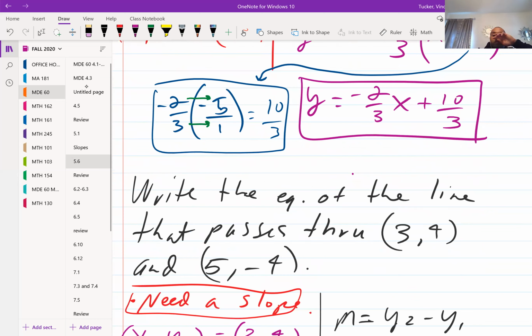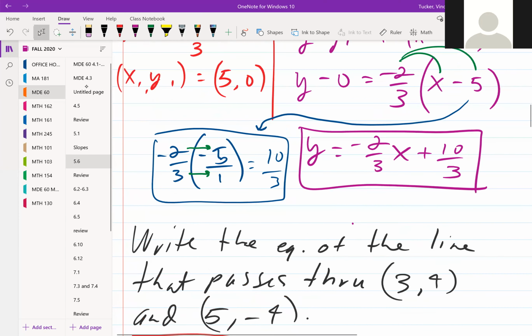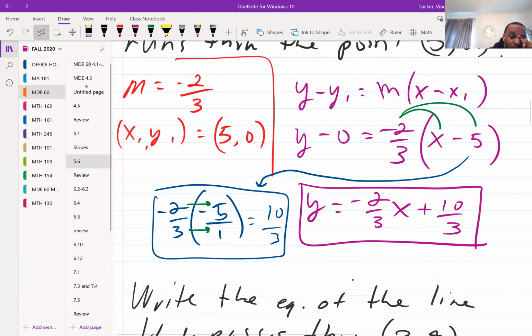All right, so next one. Write the equation of the line that passes through 3, 4 and 5, negative 4. I had a question for the previous one. We carry the x down because it's in the equation? Yep. When you look at that formula, y and x stay a part of the formula.